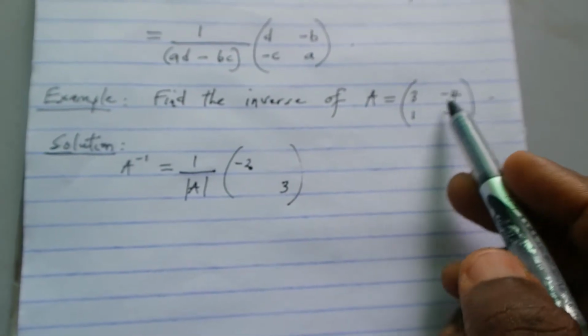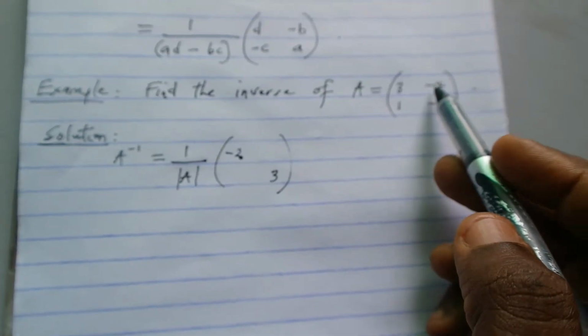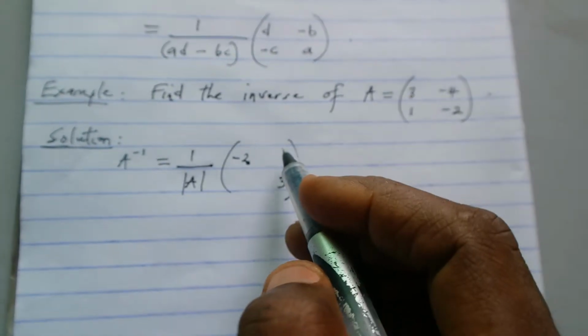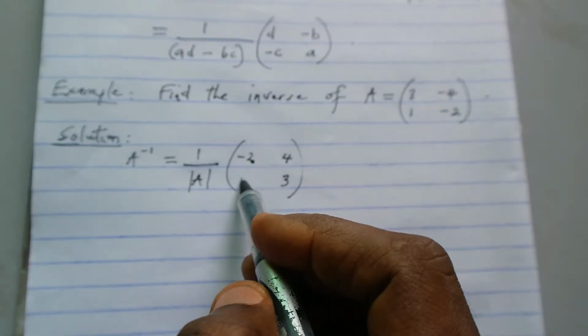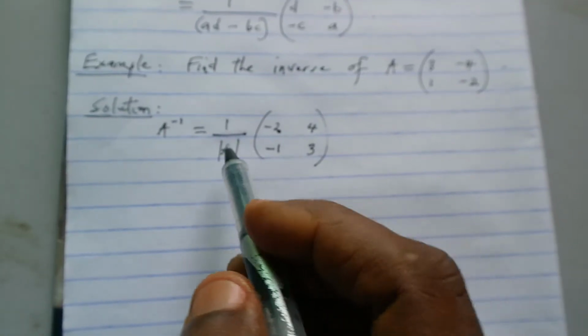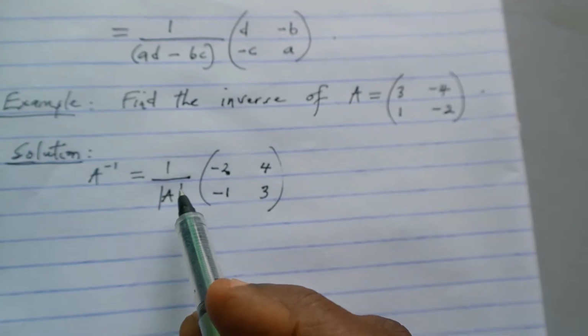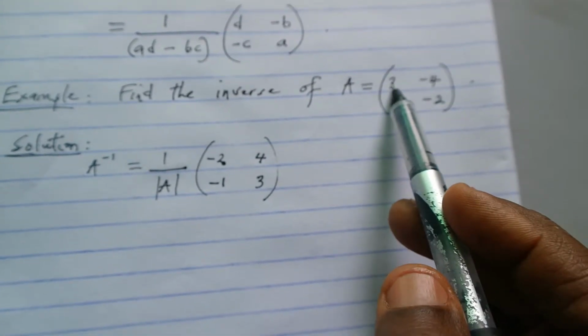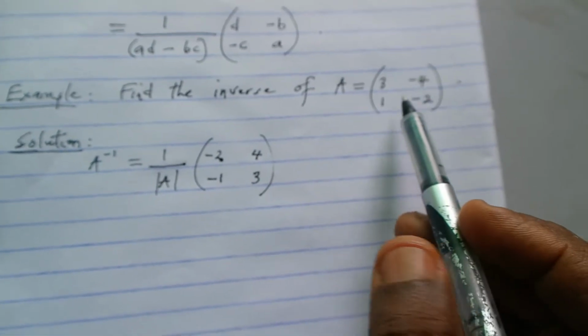Then for the entries here, we leave them like that and we attach minus to them. Attaching minus to minus 4 here, we're going to have 4 there. Attaching minus to 1, we're going to have minus 1. And finally, what is the determinant of A? That would be 3 times minus 2, then minus 1 times minus 4.